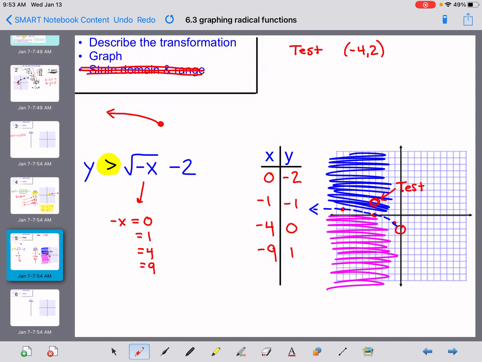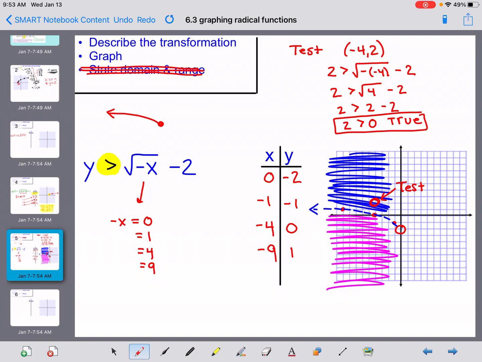So I'm going to take it and substitute it into my function. And it is true. 2 is greater than 0. I got a true statement here.